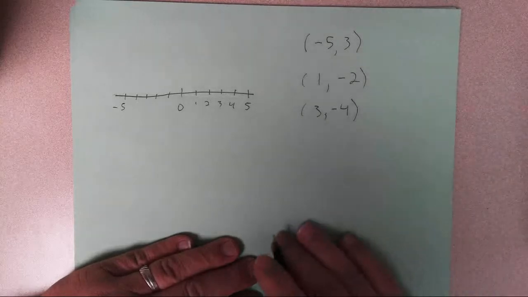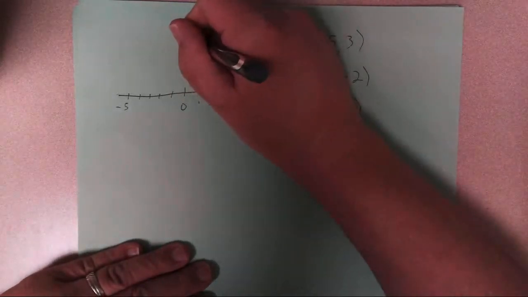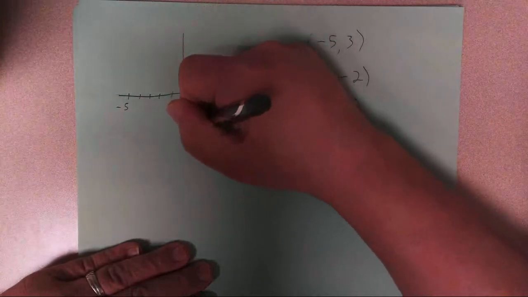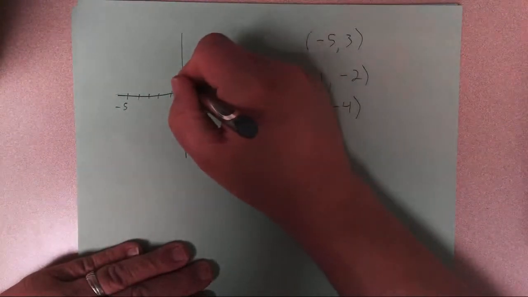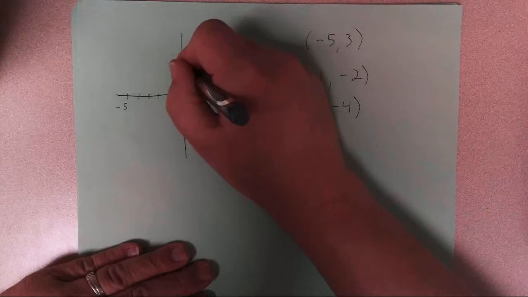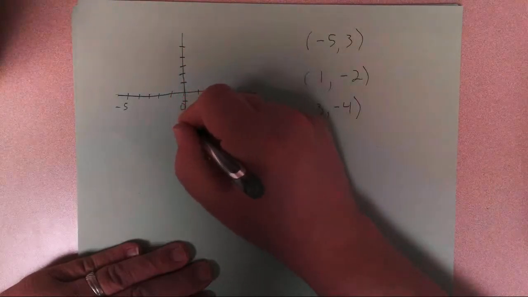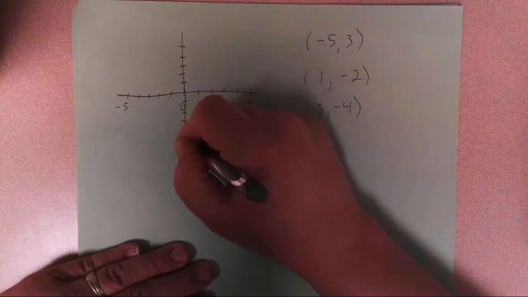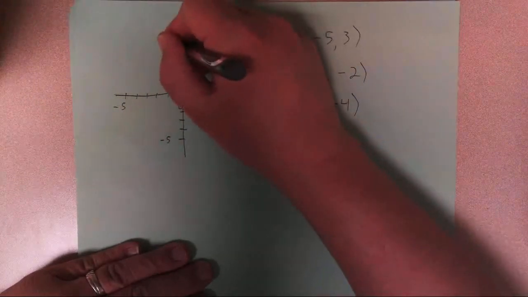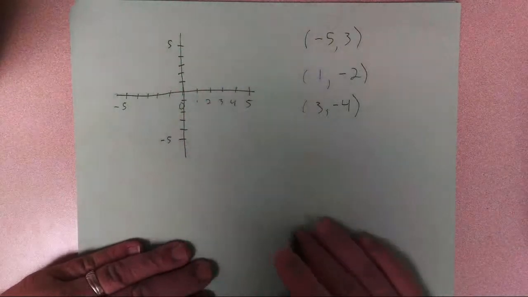These are some examples. So we're going to do a second line, and going up will be positive, and going down will be negative. And this will go up forever and down forever.